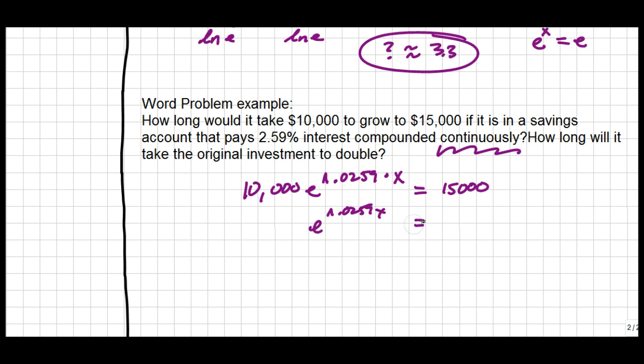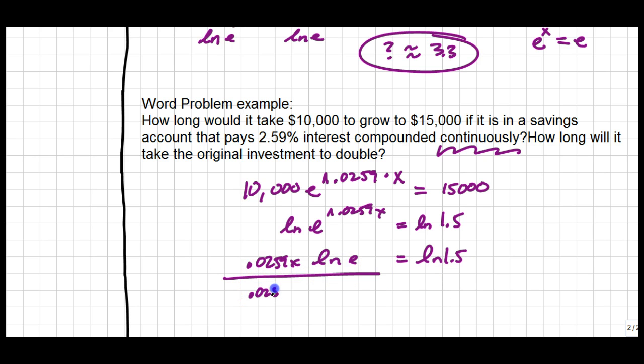And when we do that, of course, we get a 1.5. Now we're going to introduce a natural log on both sides. And what that does for us is it moves this exponent to the front. And remember, natural log of e is just 1. So we don't really need to divide by that on both sides. All I'm going to divide by is 0.0259.